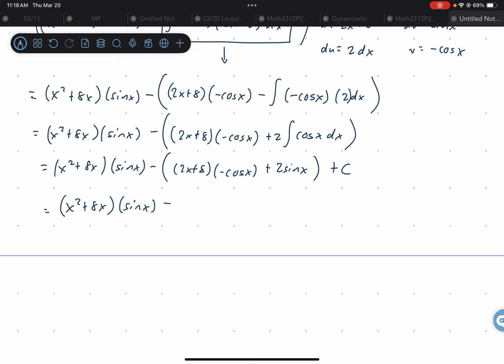So let's just do plus 2x plus 8 times cosine x minus 2 sine x plus c. And then that's basically the answer for that.